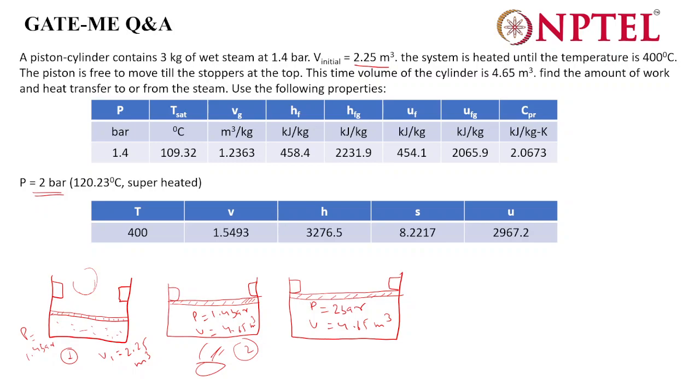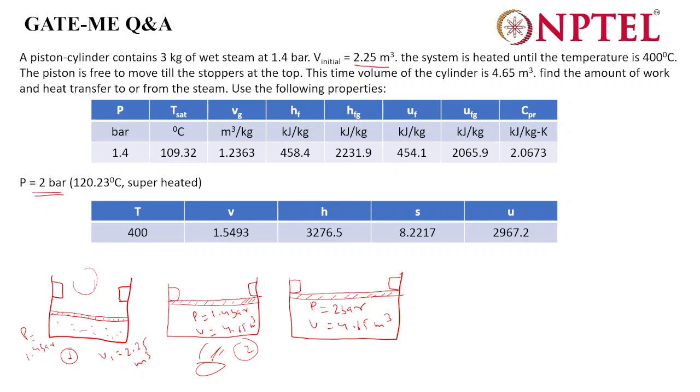Then we can find the final volume, which is equal to V2 and V3 because it will be constant volume. Then when it reaches the stopper, since it will be constant volume, we can use the P2 by T2 relation and find the pressure. Find the final pressure, P3.